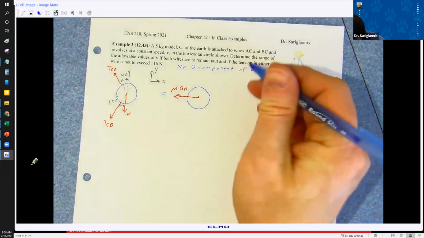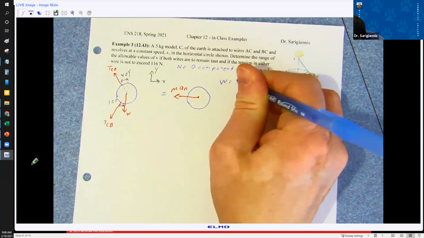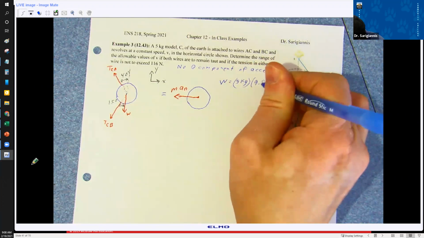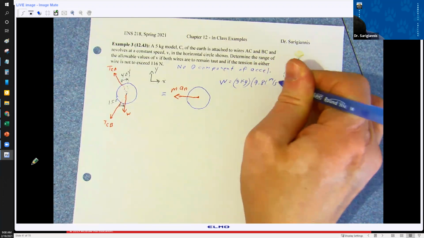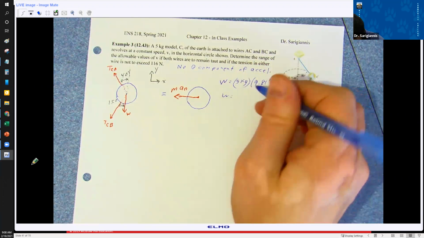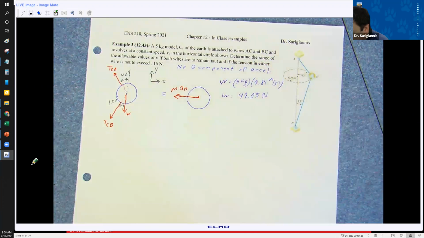Also be aware, W is 5 kilograms times 9.81 meters per second squared. So W is 49.05 newtons. I always like to carry a few extra digits during the calculation and round at the end. Let's see, what else do we need to know?